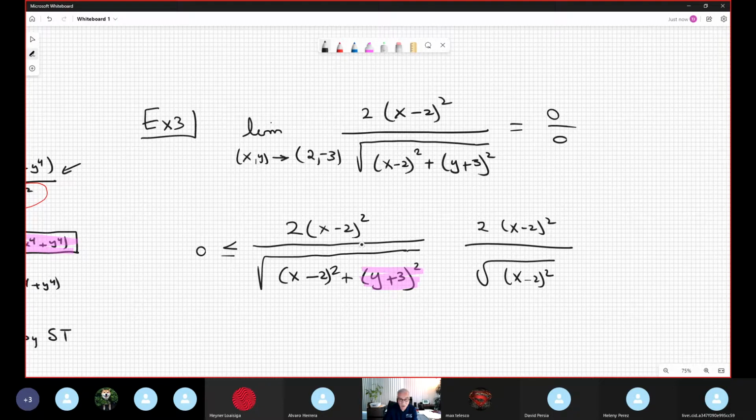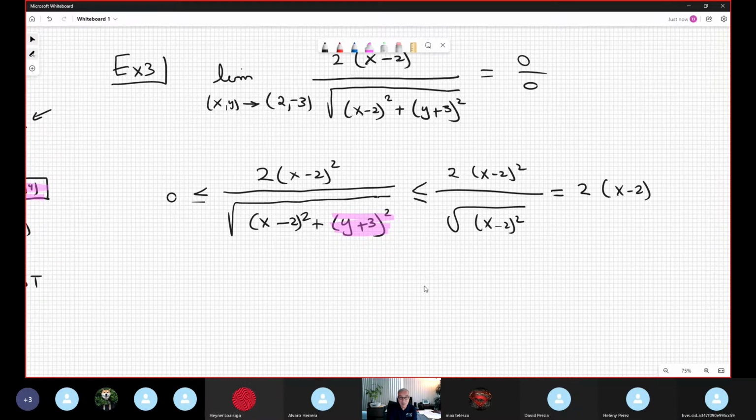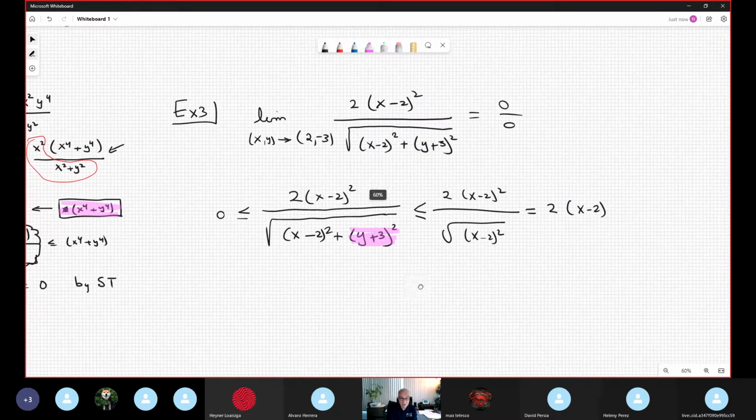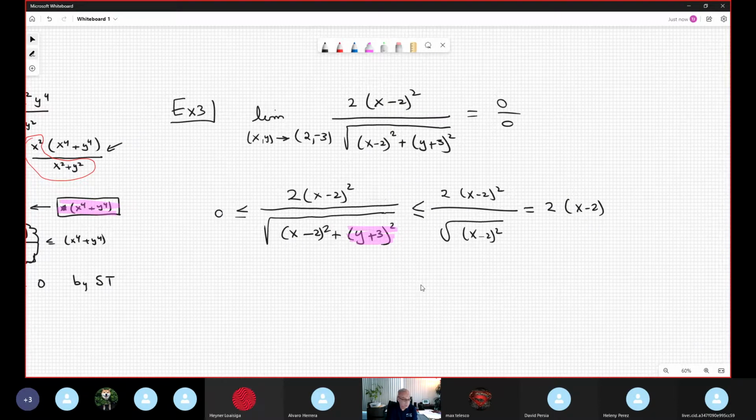It's no violation, it's licit, less than or equal, right? Because this expression is bigger than this expression. And this expression is 2 times, the square root and square cancel out, (x minus 2) stays one time, and the simplification is 2 times (x minus 2). Make sense? Do you understand this or no? Maybe you see, well, professor, I never saw that, but when you need to train your brain, yes.